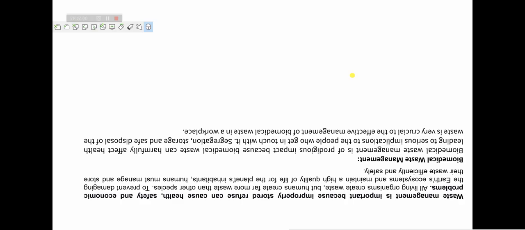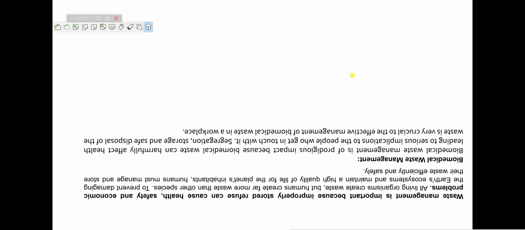Here we should know the segregation, storage and safe disposal of the waste. It is very crucial to effectively manage biomedical waste in a workplace. In workplaces we should keep our waste in different boxes and different dustbins, so that it will not affect the people and the environment, and the people who are dealing with the waste.